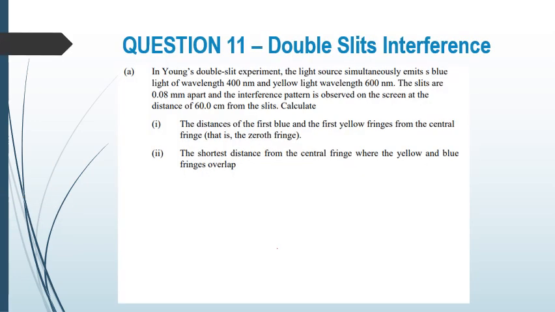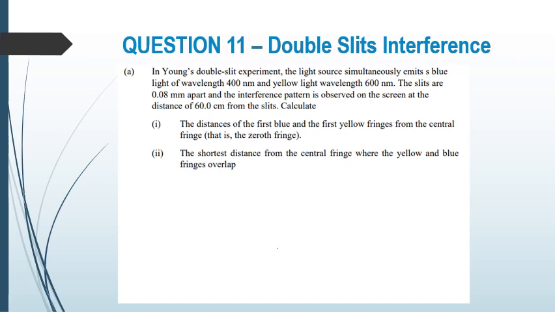Now, let us look at question 11, a question from double slit interference. Question A. In Young's double slit experiment, the light source simultaneously emits a blue light of wavelength 400 nanometer and a yellow light of wavelength 600 nanometer.